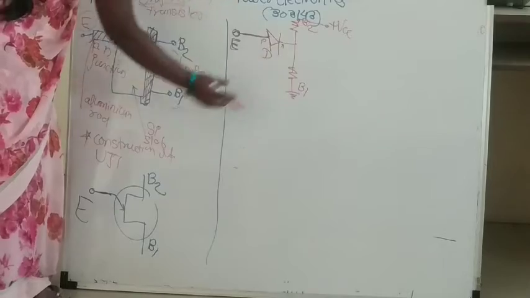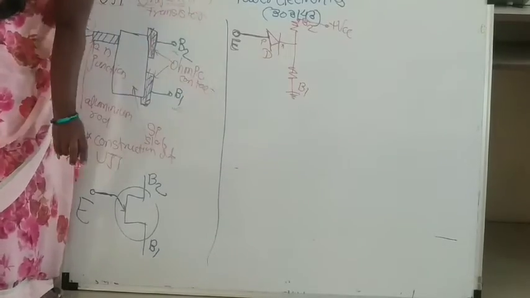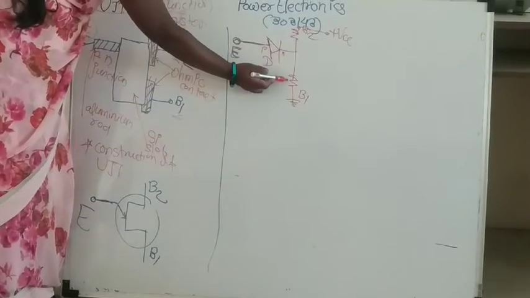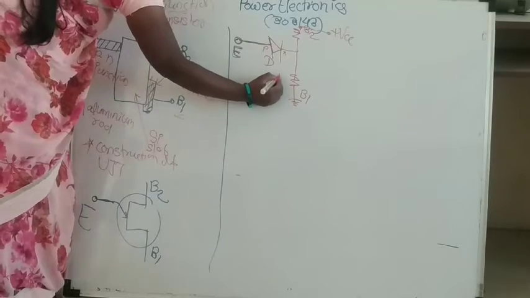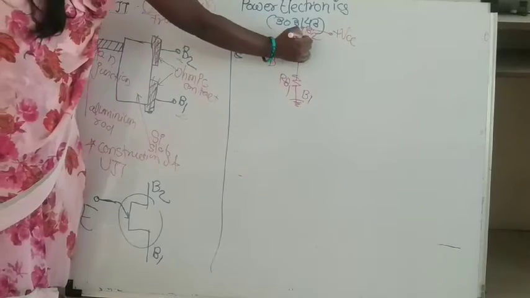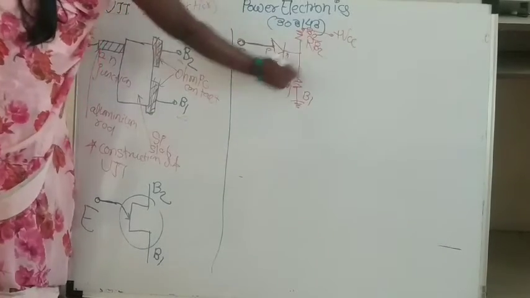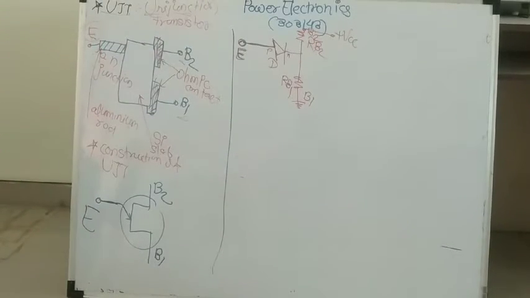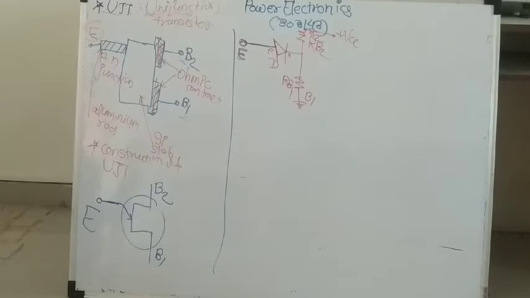Base 1 is connected to the ground, means it is at lower potential. Now this resistor at the base 1 side, call it RB1. This resistor at the base 2 side, call it RB2. This is the equivalent diagram for the UJT.